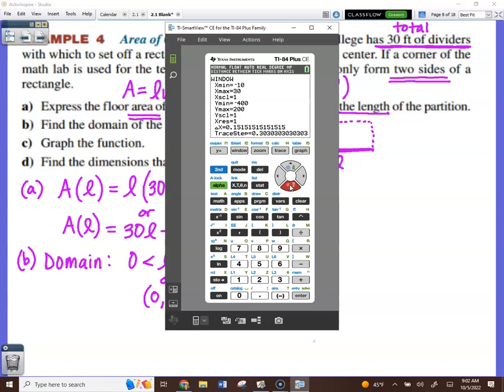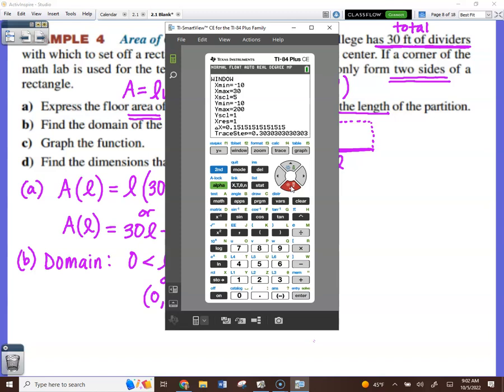I'll change it to usually 2s or 5s. That means it's going to count by 5 instead of counting by 1. Notice the Y-min is way low. I don't even need all that. I'm going to go to -10. The Y-max is already 200.